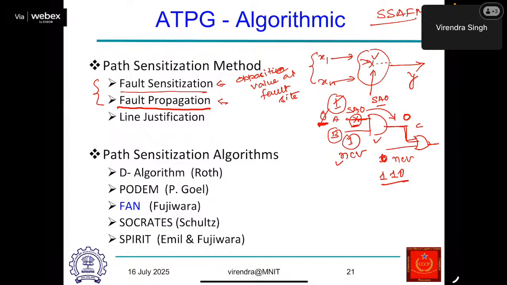You can apply this test, but assume that this input was also coming from here. There are two more inputs, C and D, and this is E. Now for C and D, because I need a zero value over here, and I cannot apply zero value over here directly, I have to go all the way to the primary input.